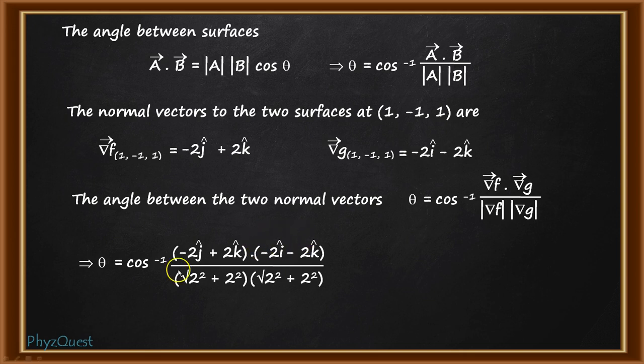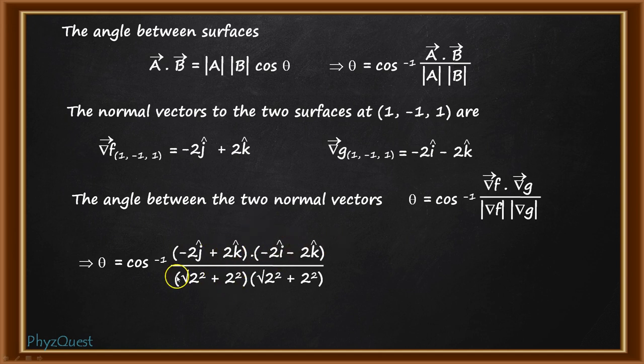Now this dot product of both the vectors, only the k cap terms give a value, so the dot product will give you 4 for the numerator.